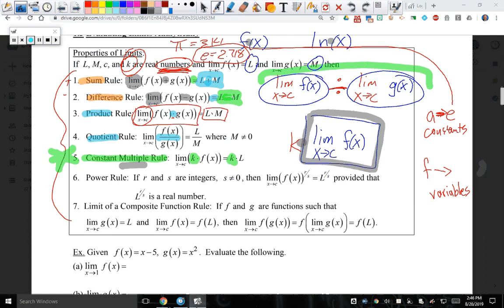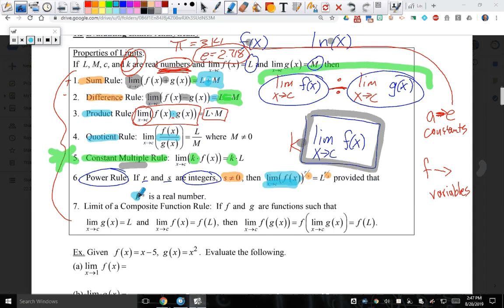Alright, so the power rule with limits: r and s are integers, and it says s cannot equal 0. Why does it say s cannot equal 0? Because we can't divide by 0. It's an extra caveat. It doesn't need to be mentioned if you know that, but it's just an extra reminder you can't divide by 0. And check this out. You could pull this out, look at this function again, and you would get L as your answer.